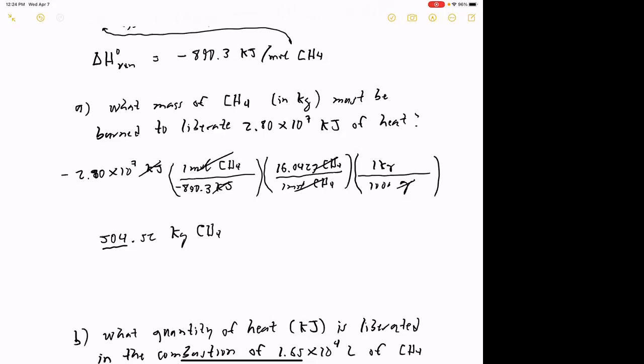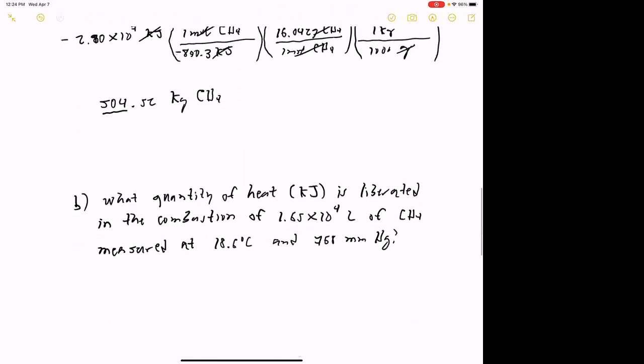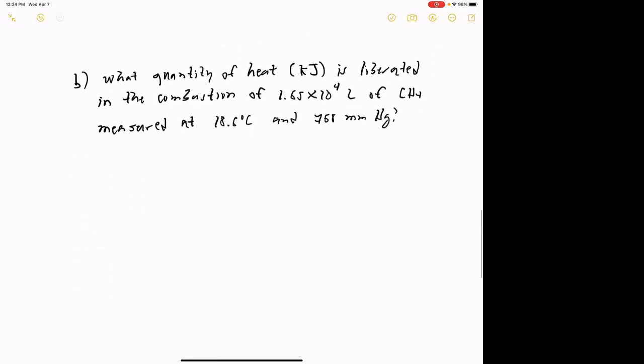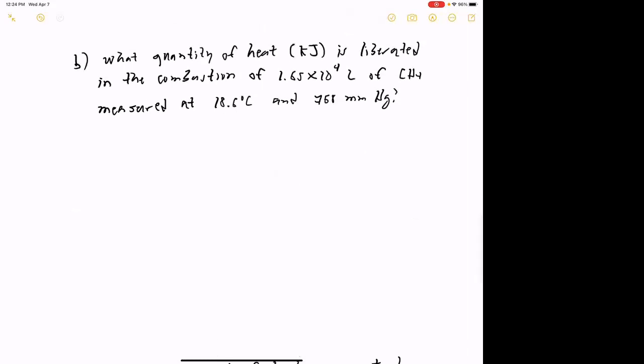All right. So let's move on to part B here. These are just different ways you can see the problem presented. The next part is: what quantity of heat in kilojoules is liberated in the combustion of 1.65 times 10 to the 4th liters of CH4, because it's a gas, measured at 18.6 degrees Celsius and 768 millimeters of mercury?